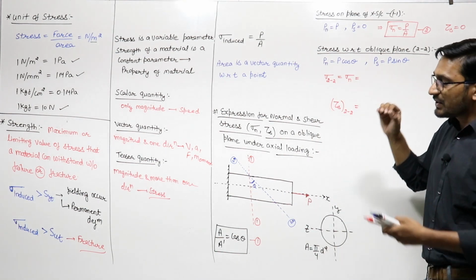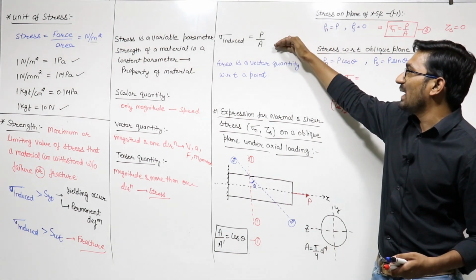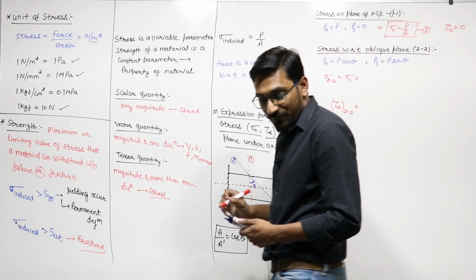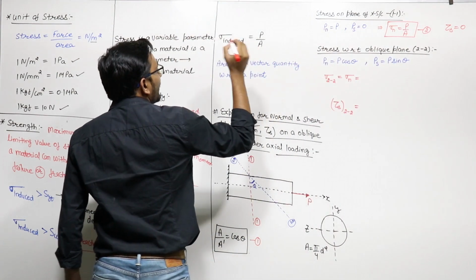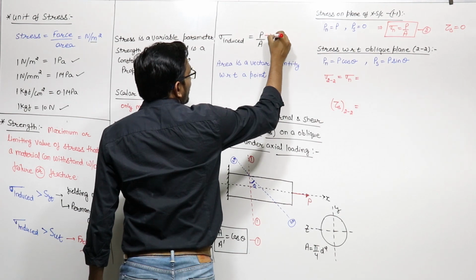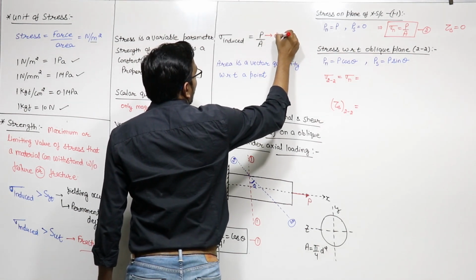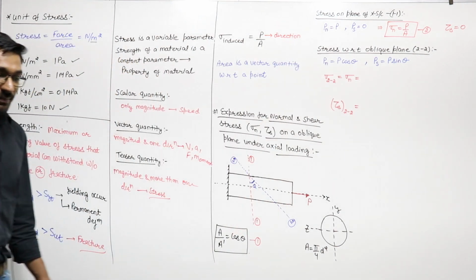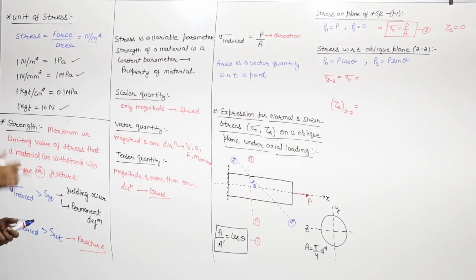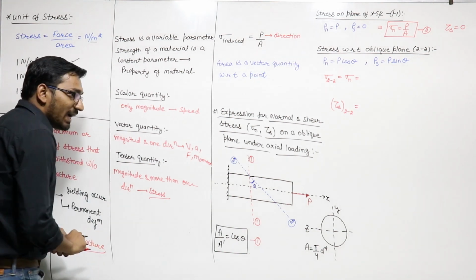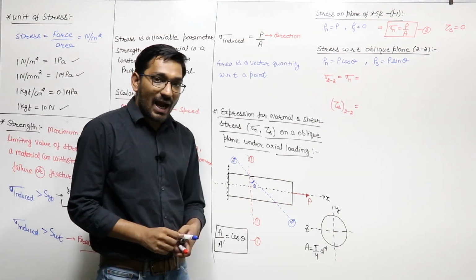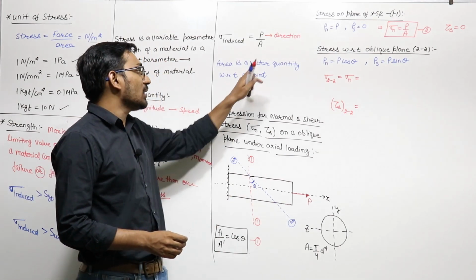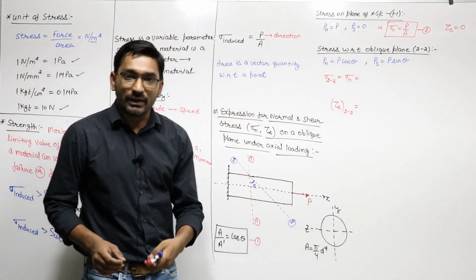We say that stress is force per unit area, right? This force has one direction, and now we have area. Stress is defined at a point, and area is a vector quantity with respect to a point.